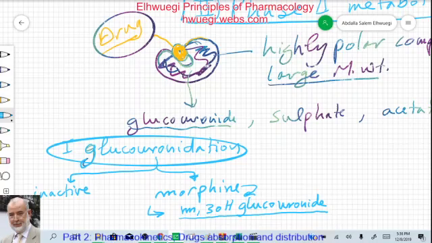Okay, then this complex is usually excreted in the bile, as we said later. But in most cases, conjugation with glucuronide will result in a highly polar metabolite that can be excreted.